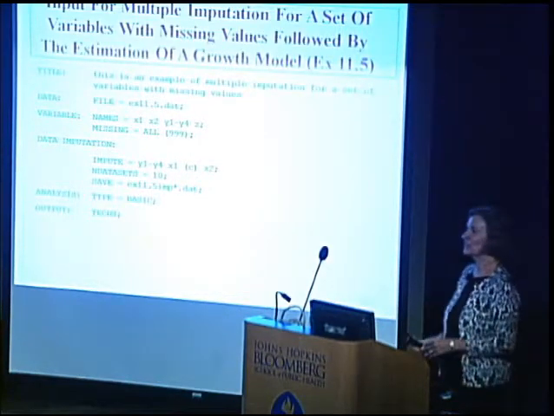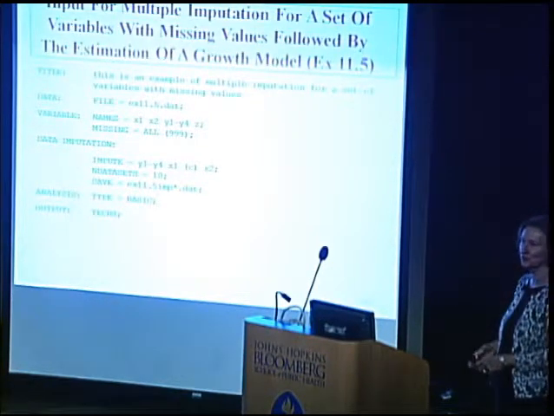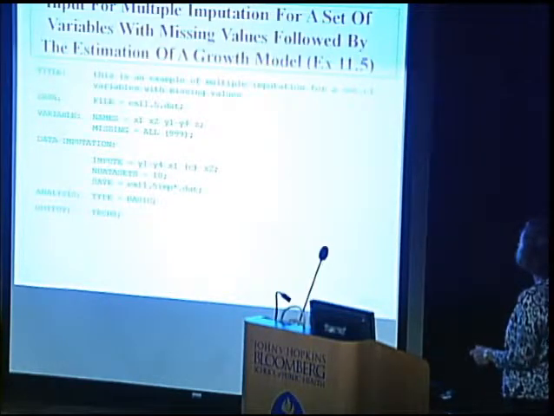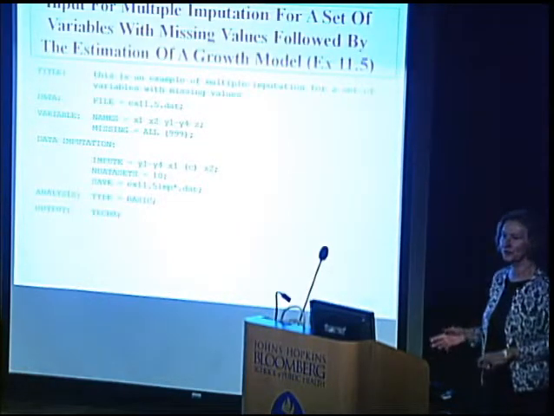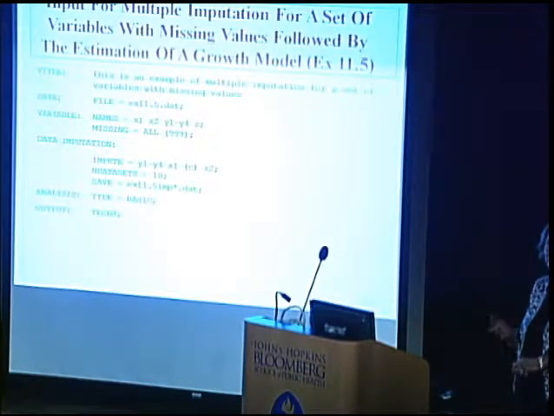Okay, so now we're going to take a look at a few examples of the various ways you can use data imputation in Mplus. Bengt mentioned earlier that you can impute the data according to either the H0 or the H1 model.